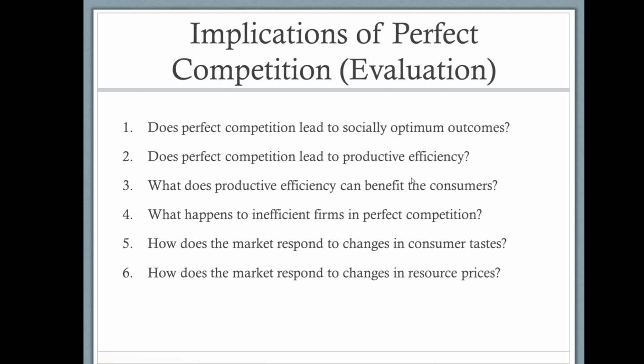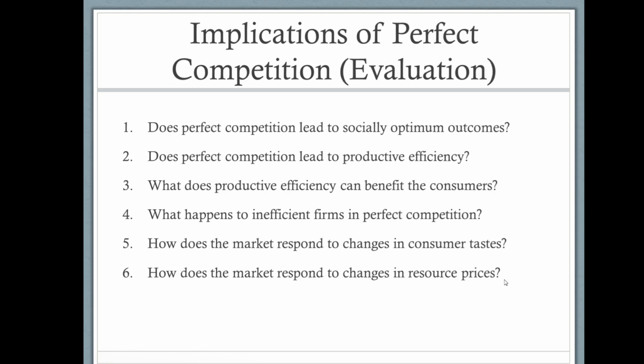from perfect competition. First of all, allocative efficiency, and then productive efficiency, and then you expand the idea of productive efficiency. And also you talk about the inefficient firms as well to see how efficient this market is, right?